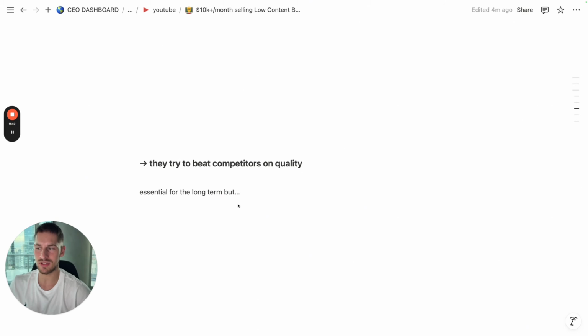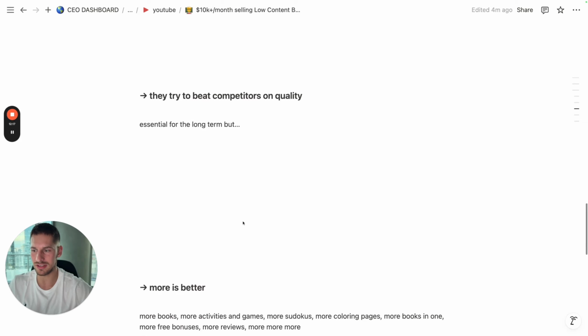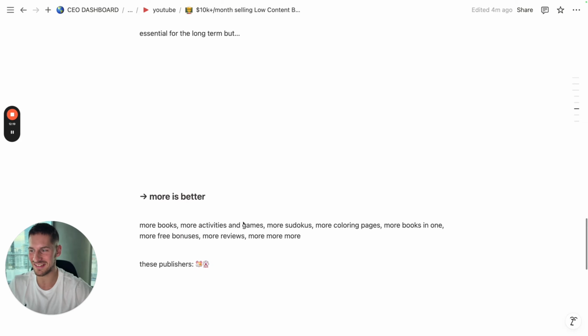Then in the second year, third year, it becomes essential, because the average of the reviews and everything has a compound effect on the long term. But initially, the interior is probably 30% of what moves the needle. The most important thing is how you market what you're doing: how you package it, how you make the cover, the title, guys, the title, the description, the A+ content, etc. So you don't have to compete on quality. It's the last thing you need to do, literally.